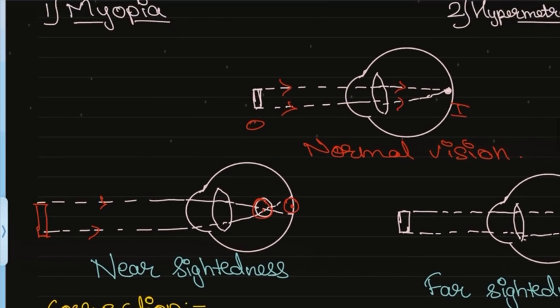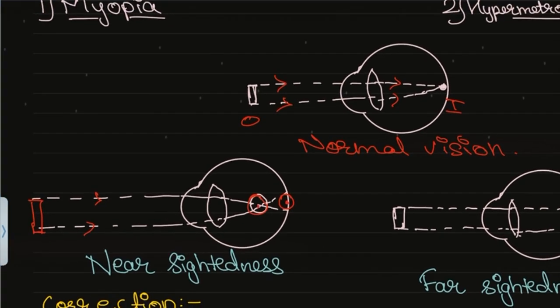This defect is called myopia, also called nearsightedness, because we can easily see objects kept near our eyes. But when we try to see far off objects, we get a blurred image.